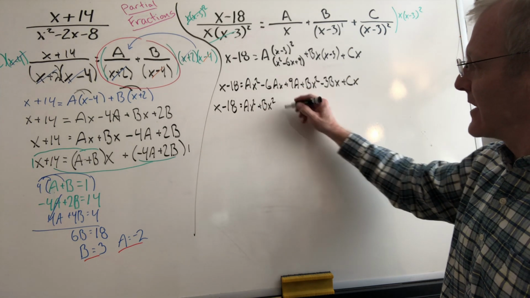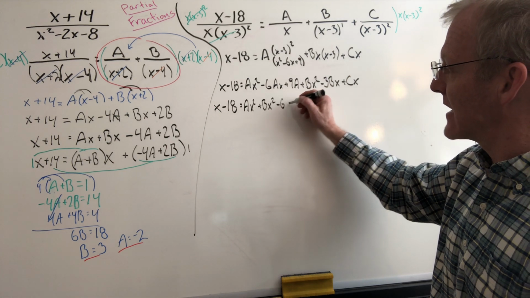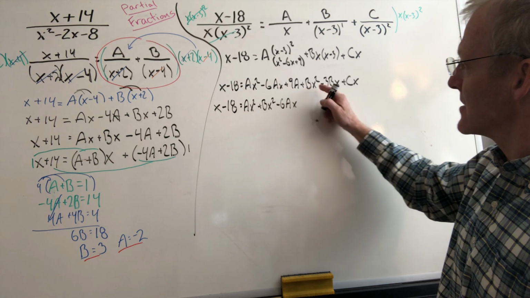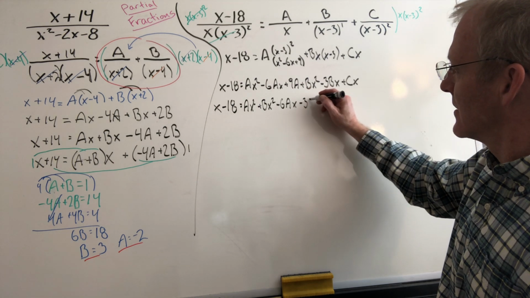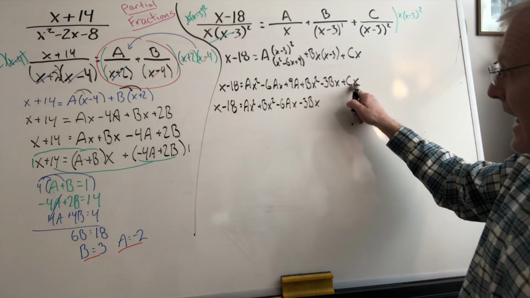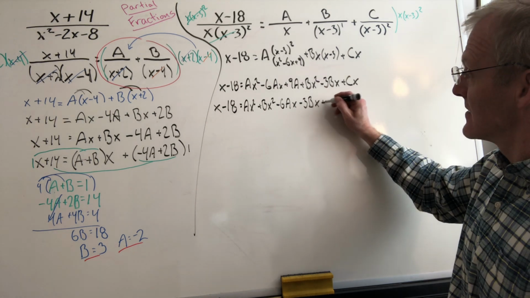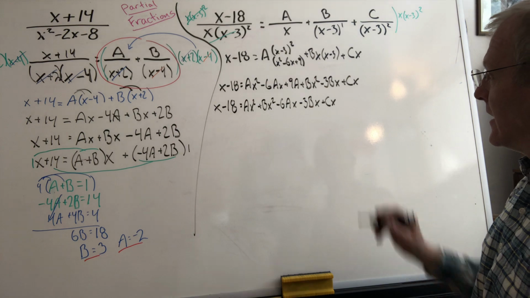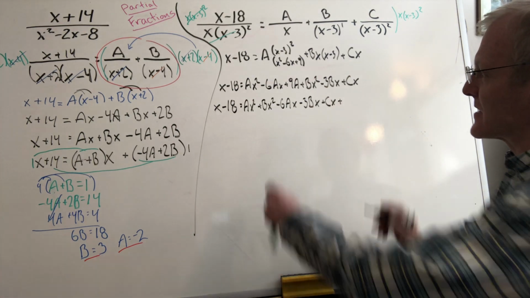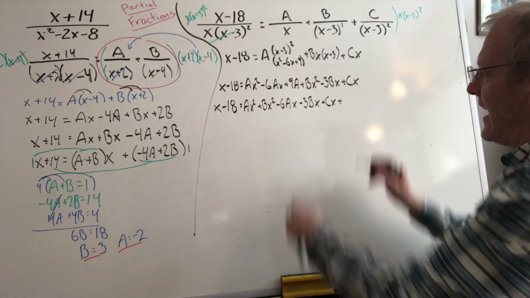And then now let's bring the x's in. So minus 6ax. Where's the other one? There it is. Minus 3bx. And the cx. Now let's see. Did that get everybody? Not quite. Plus 9a.